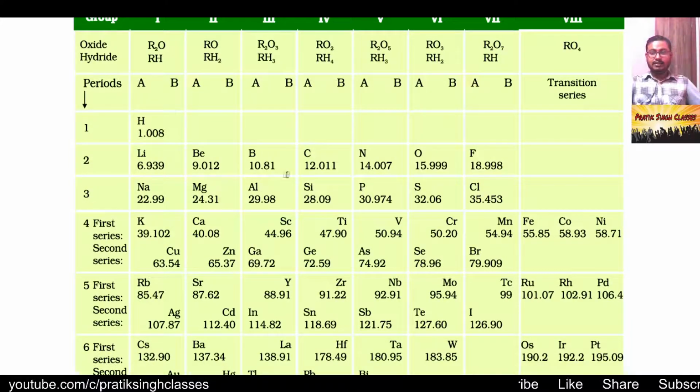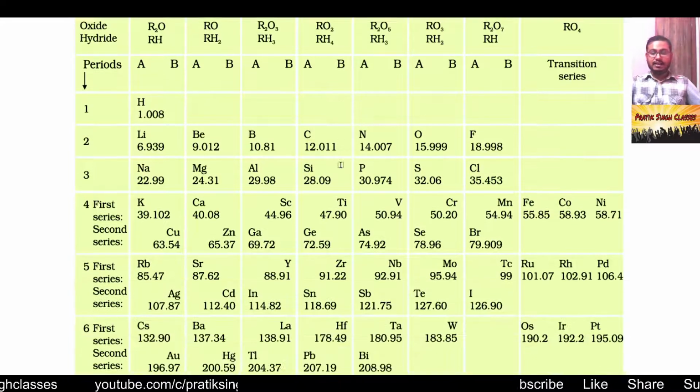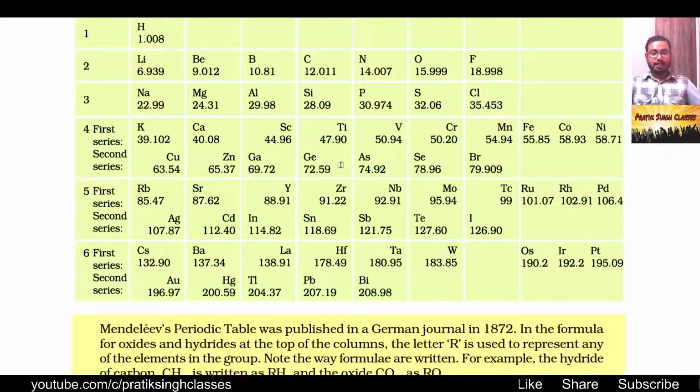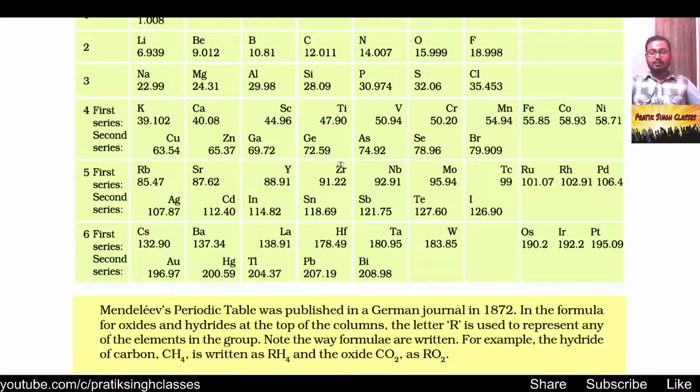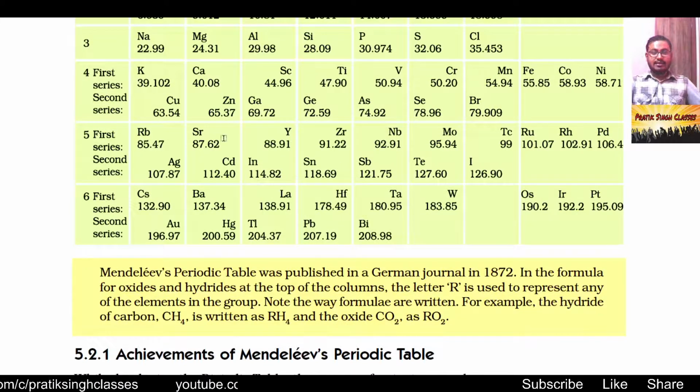You can see how they are arranged: R2O, RO, R2O3, RO2. These are the oxides and hydrides given for each element, and this way they are arranged. There are some similarities in their hydrides and oxides.